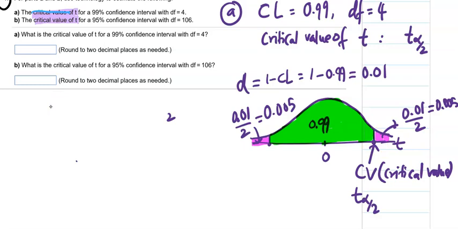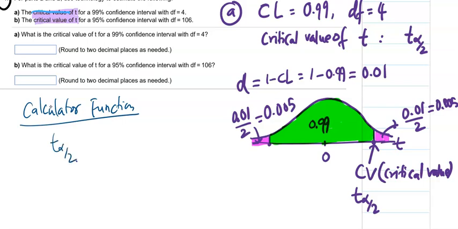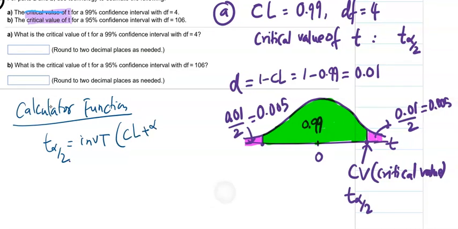So I should say the calculator function to find the critical value, this t alpha over 2, is invT. That's the function. I'm going to show you how. It takes CL plus alpha over 2, comma, degree of freedom.